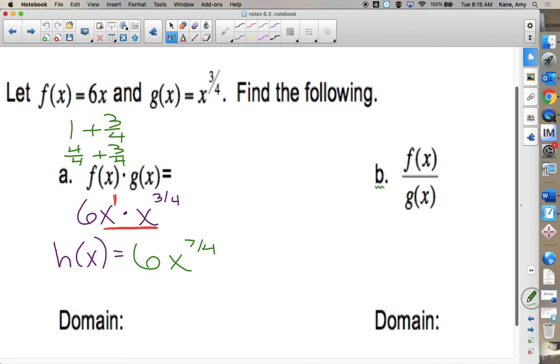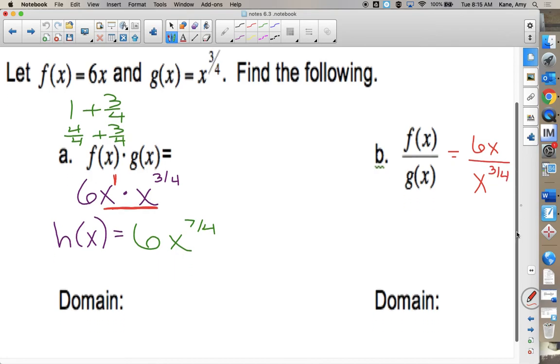The next one, now we're dividing. So we have f of x divided by g of x. So that means we have 6x divided by x to the 3/4. I'm going to put a little 1 with that x. Dimitri, when you were dividing, what do you do with the exponents? You subtract.